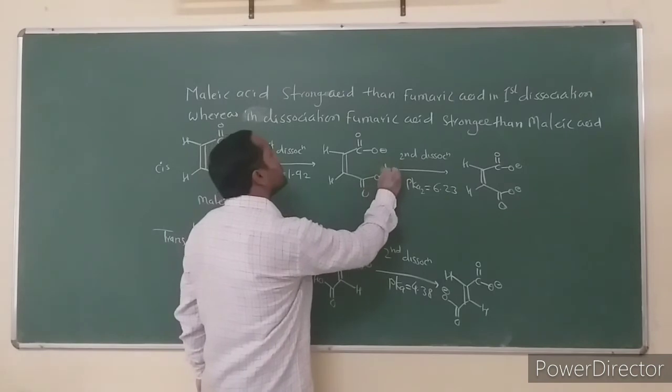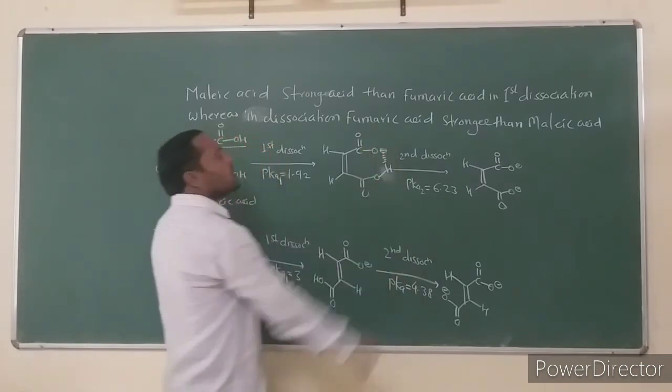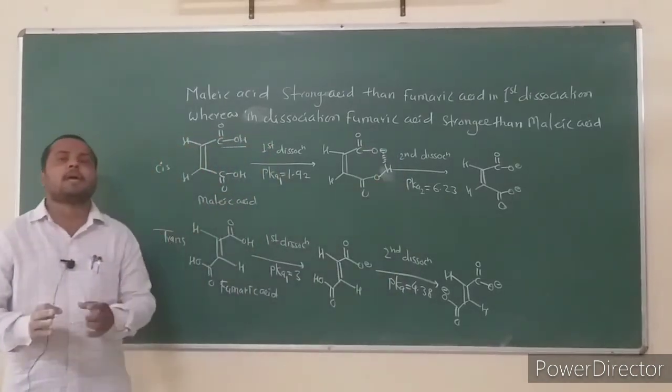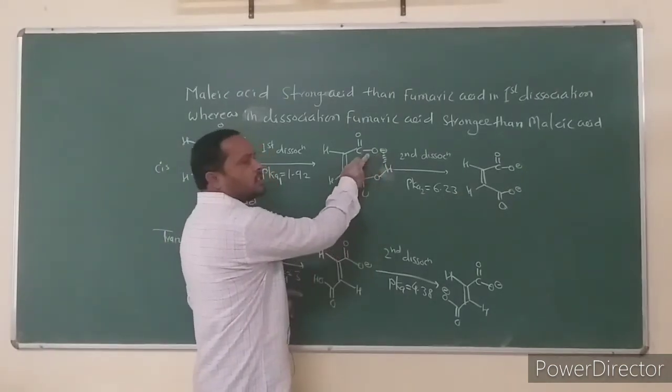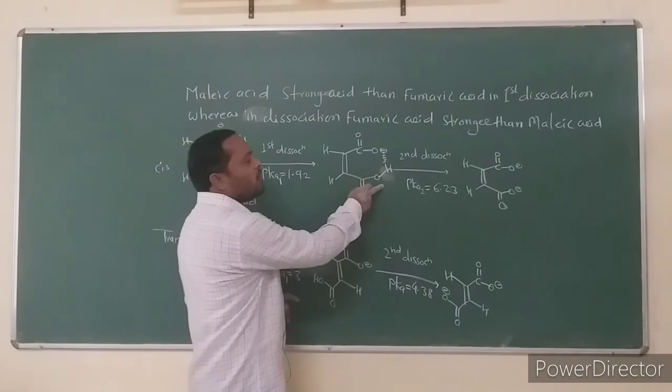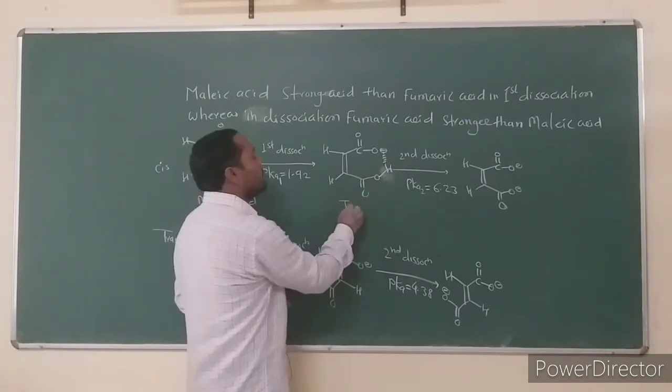Consider this conjugate base. It is well stabilized by intramolecular hydrogen bonding. This conjugate base makes hydrogen bonding with the other carboxylic group.